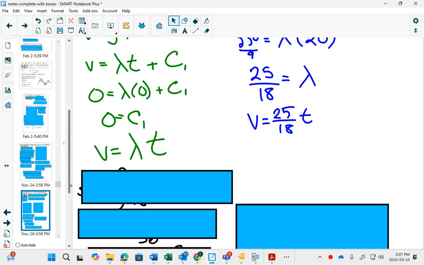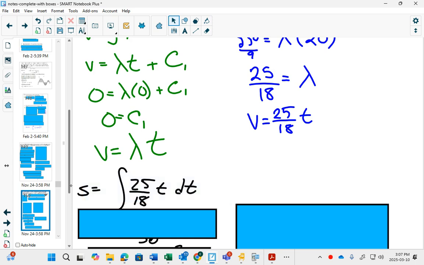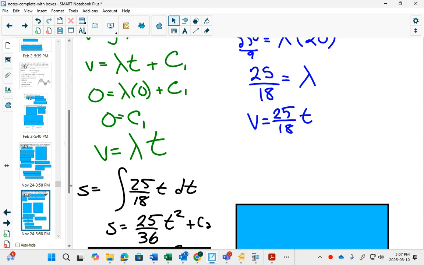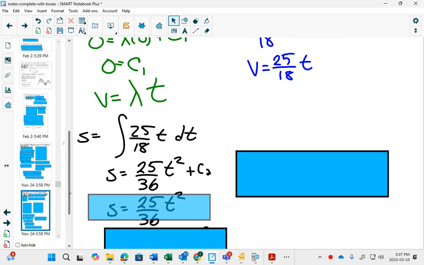We wanted to know how far the car traveled in 20 seconds. That's a displacement kind of question. So now we have to work with our velocity equation to find our displacement. Pretty easy integral plus c2. We know that initially at time 0 our displacement was 0, so c2 would equal 0.